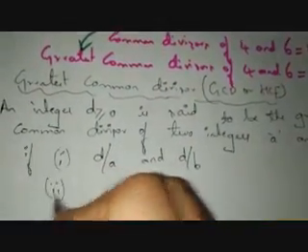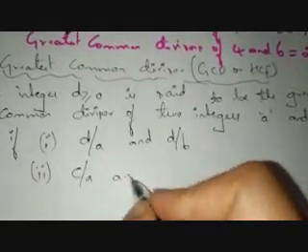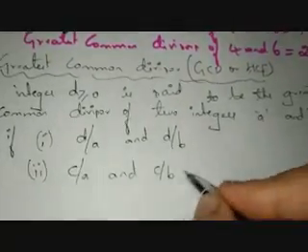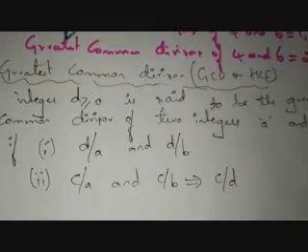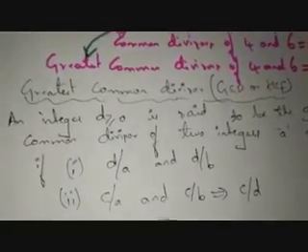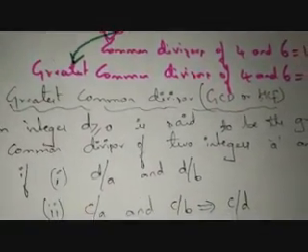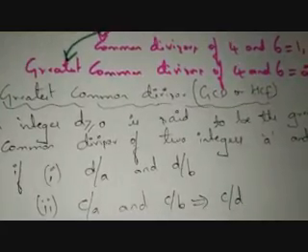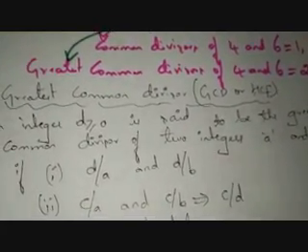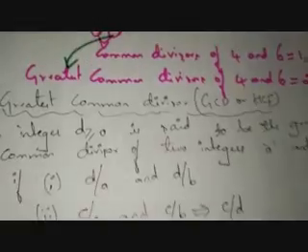The second condition is that c divides a and c divides b implies c divides d. And GCD is denoted as (a, b).